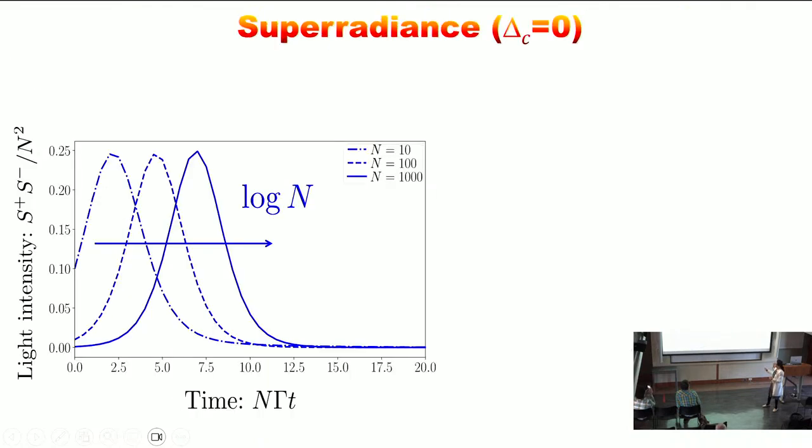All right, just one comment: because if you start at the North Pole the process is driven by a quantum fluctuation, you can see that there is a delay in the emission of the superradiant pulse that scales with log N, so there is a delay that increases with the particle number in this renormalized time scale N gamma t, and of course the light intensity has a maximum that scales with N squared.